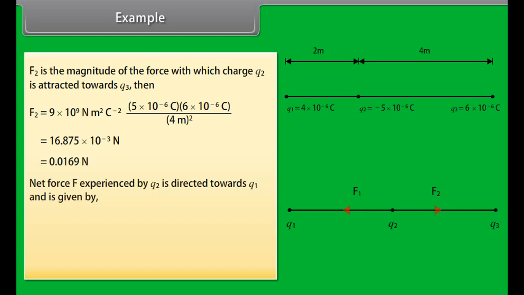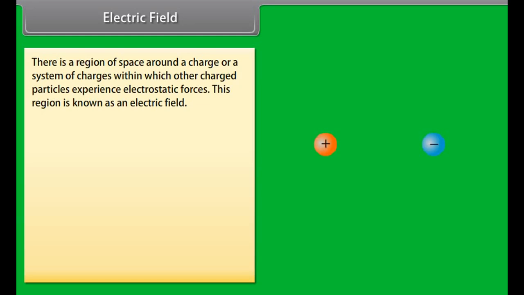Net force F experienced by Q2 is directed towards Q1 and is given by F = F1 - F2, which equals 0.045 - 0.0169 Newton, which is equal to 0.0281 Newton.